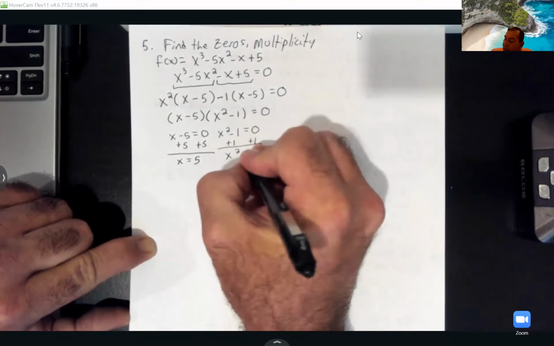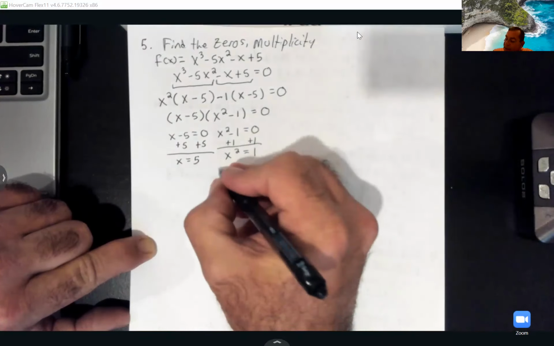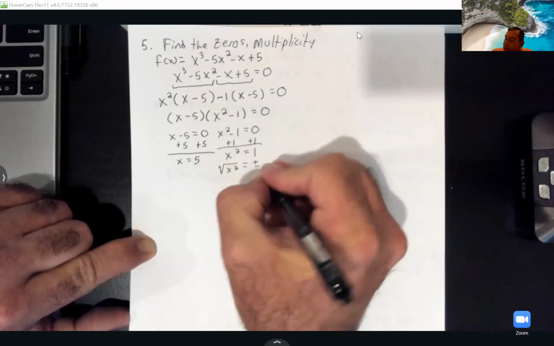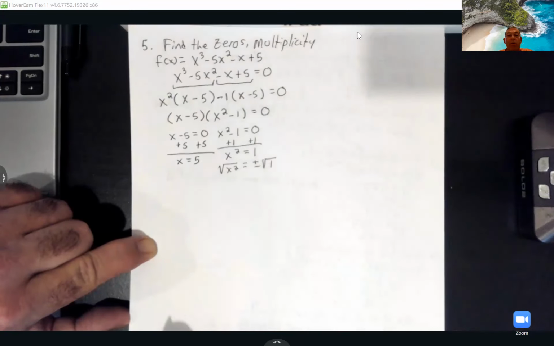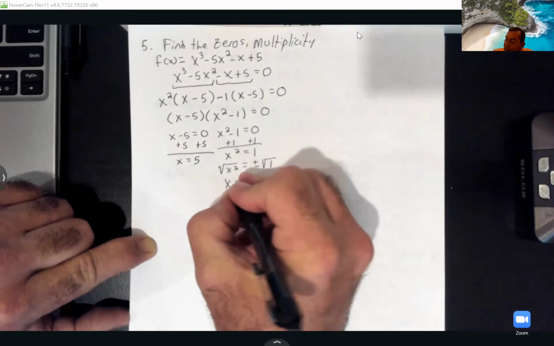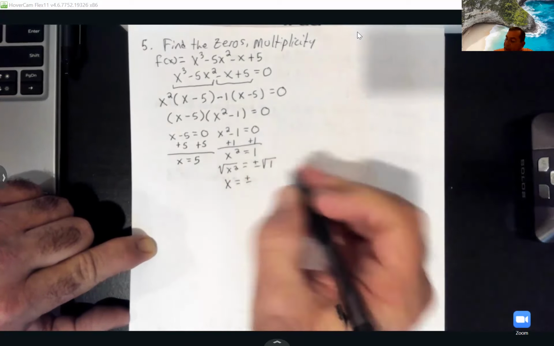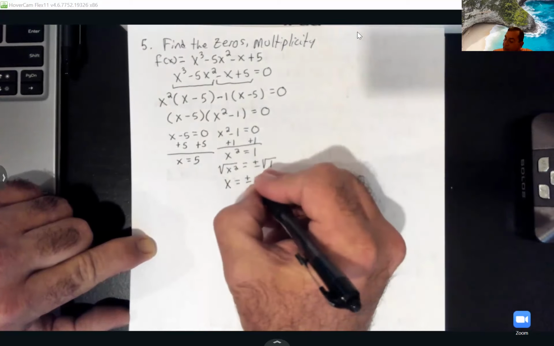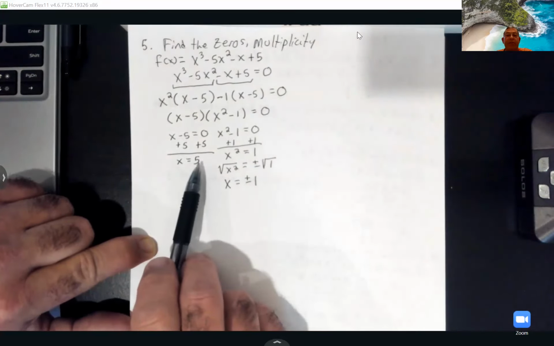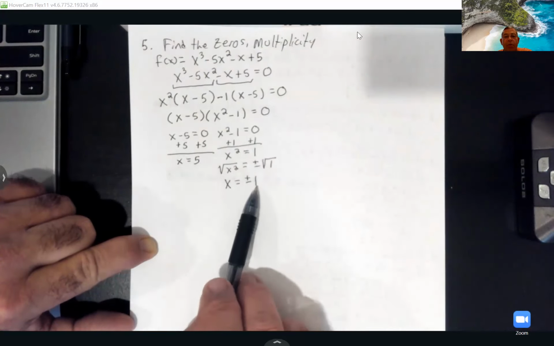So I get x squared equals 1. And then let's do the square root. And remember, that'll be a plus or minus square root of 1. So that gives me my x. And that's going to equal plus or minus, we all know square root of 1 is 1. So my zeros will be 5, plus 1, and negative 1.